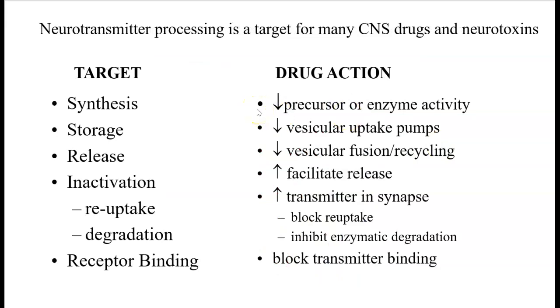As an example, if a drug or a neurotoxin interferes with the synthesis, in other words, the making of a neurotransmitter in that presynaptic cell, that could be an issue, right? So if we're going to target the synthesis, the drug could do a couple of things, and it might interfere with some of the enzyme activity necessary for the synthesis process.